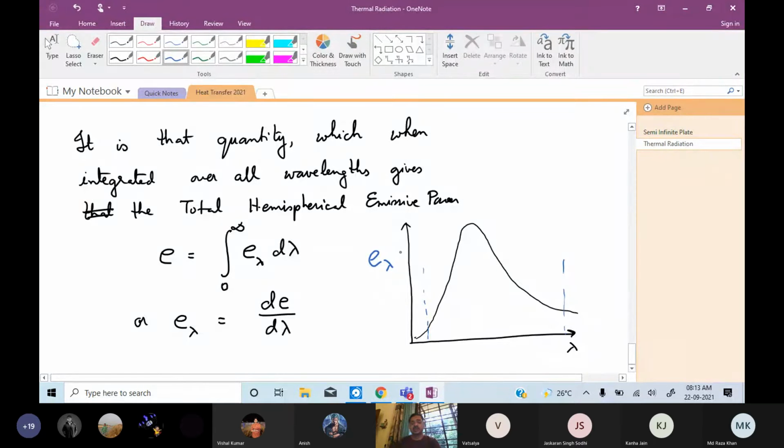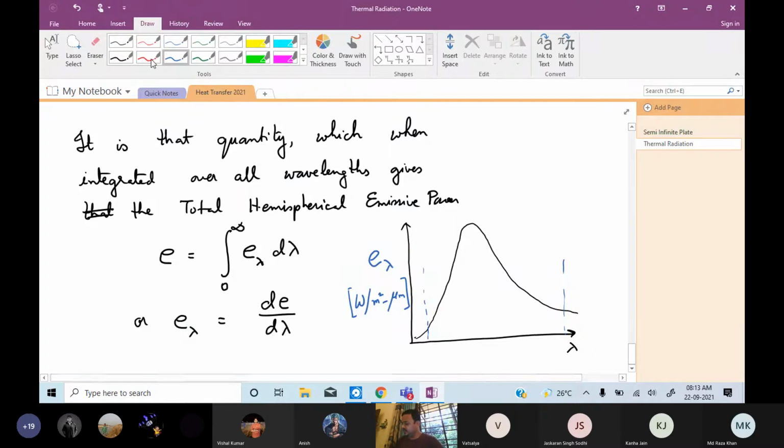What we were actually plotting at that time on the y-axis was essentially E lambda. What would be the units? Watt per meter squared. You can say per meter cube, but typically we write watt per meter squared micrometer, because if you express wavelength in meters, there would be too many zeros after the decimal point.